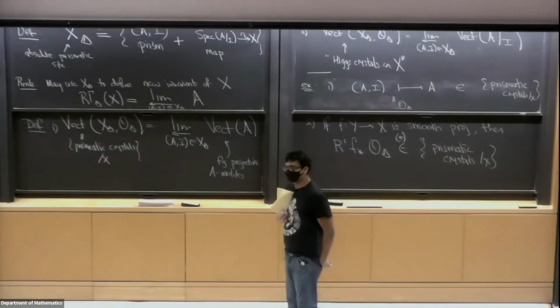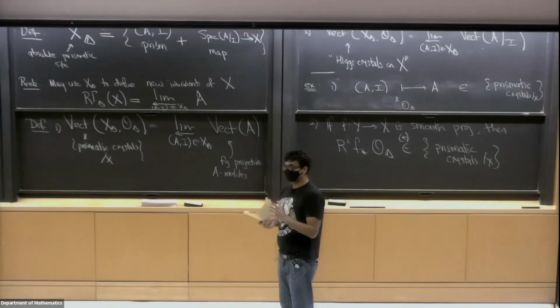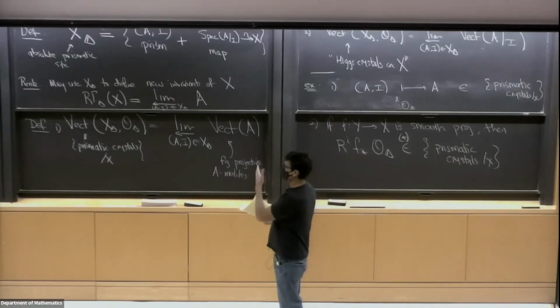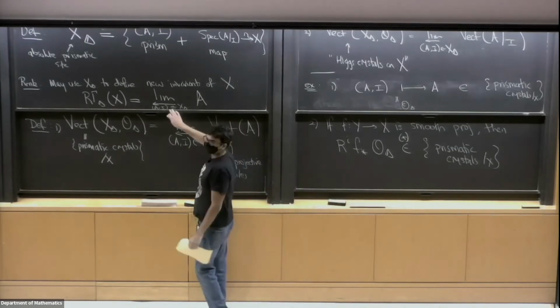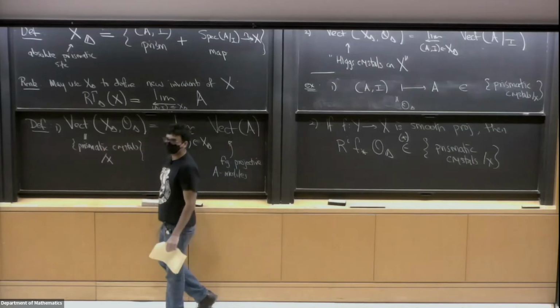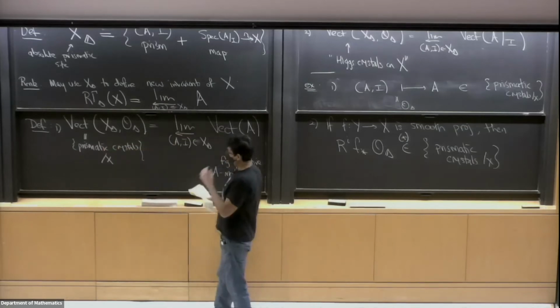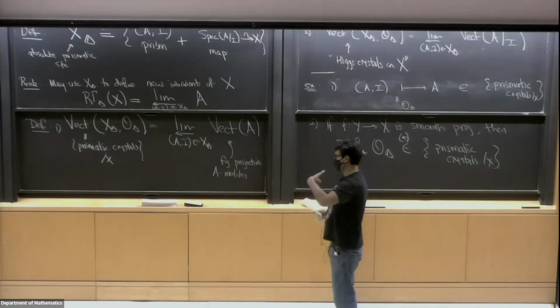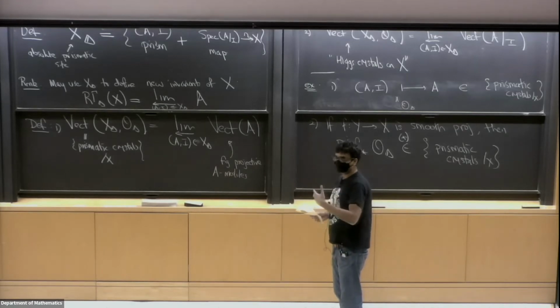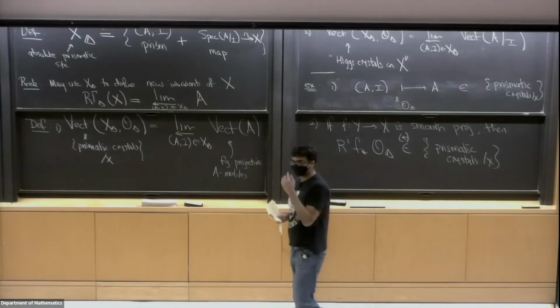So the simplest example is you take X to be spec of F_p, and then this invariant is ZP. So what happens in that case is that there's an initial object in this category, which is the first prism I wrote down. For spec ZP itself, these absolute invariants are going to be very closely related to algebraic K theory of ZP. So there's going to be some interesting stuff happening.